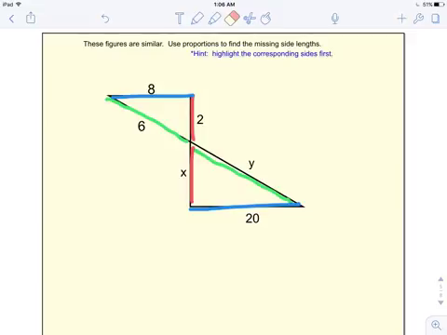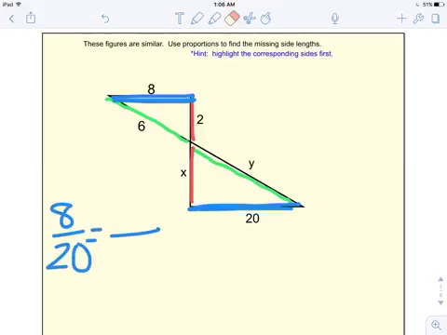Okay, again, when I start my proportions, I like to always start with the ratios that we know. So I'm going to do 8 over 20, right? My blue over my blue. And now we have to decide, do we want to solve for x first, or solve for y first? I'm going to do x.